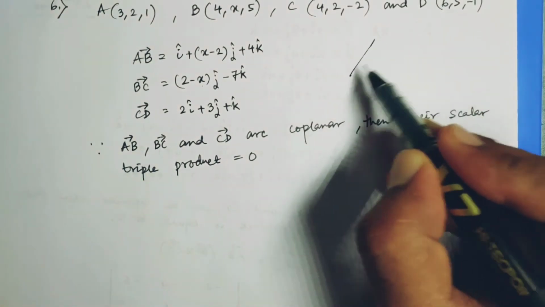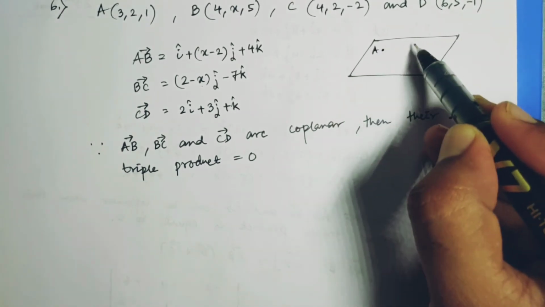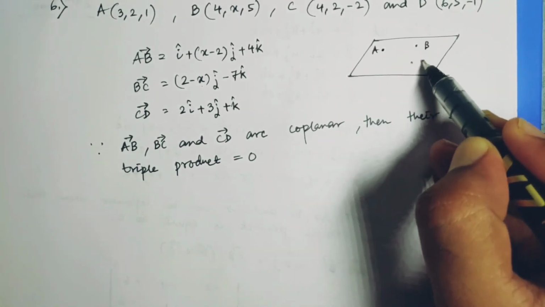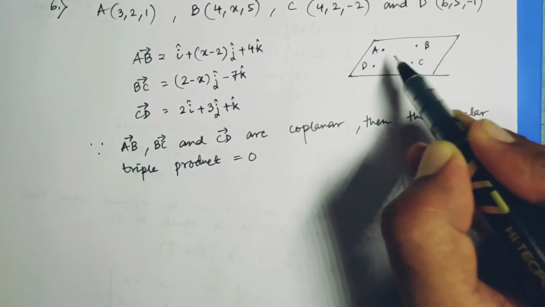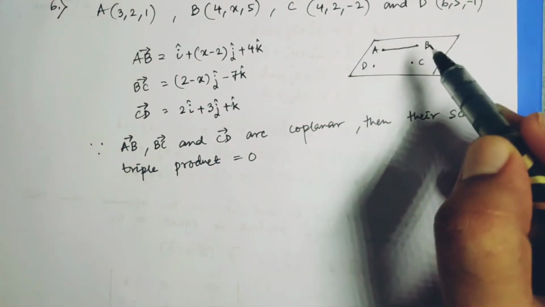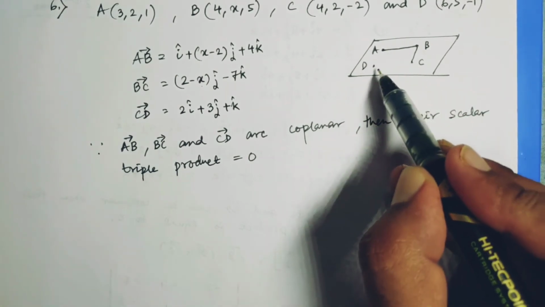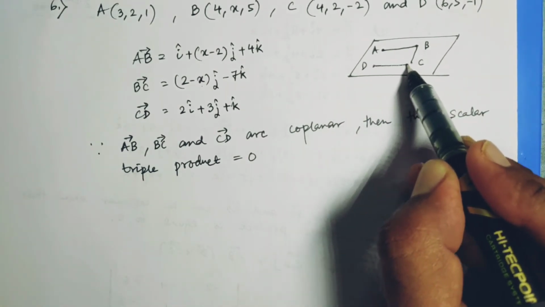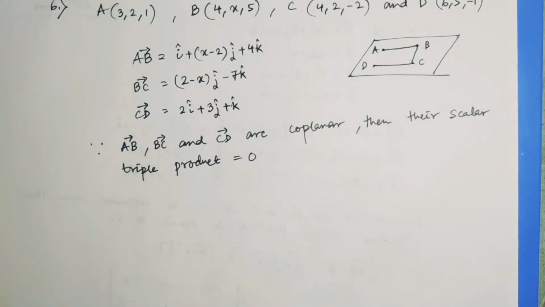So you see here, if I have a plane like this, there is a point A, there is a point B, there is a point C, there is a point D. So if the points are coplanar, the vector AB lies in the same plane, vector BC lies in the same plane, vector CD also lies in the same plane. So AB, BC and CD are also coplanar, right?